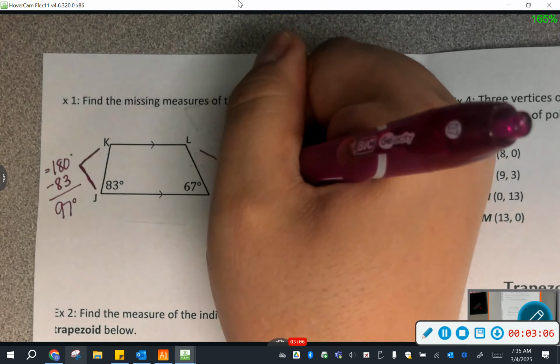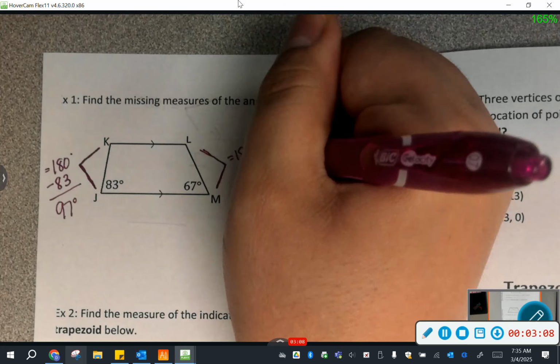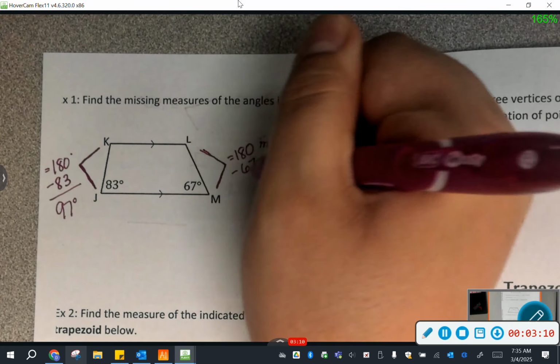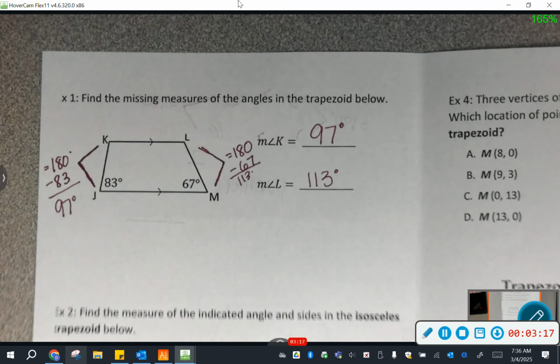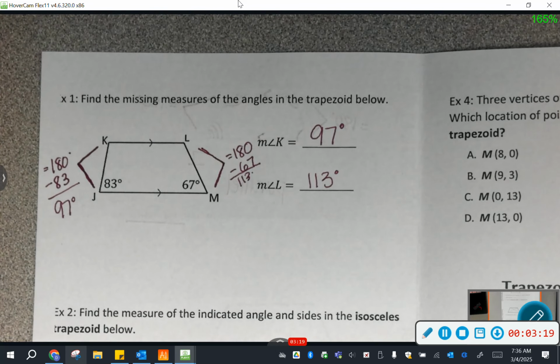Same thing. L and M, they equal 180. What is 180 minus 67? 113 degrees. And that's how you do trapezoids. Okay? That's the basic property of trapezoids. Can you close your notes?